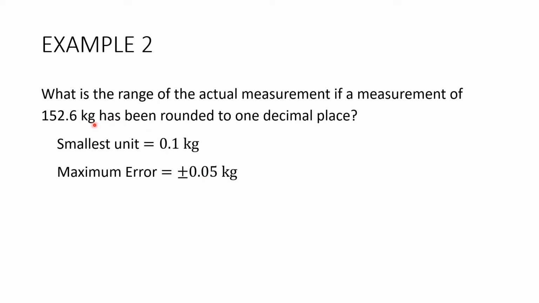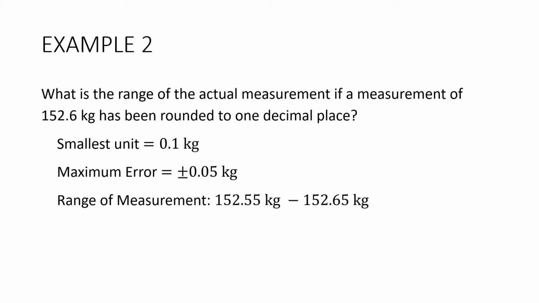Now subtract that from this and then add it to this, and that will give you your range. So the actual measurement could be anywhere between 152.55 kilograms, that would round up to 0.6, wouldn't it? All the way up to 152.65 kilograms. So anywhere in this range is going to round to 152.6 kilograms.